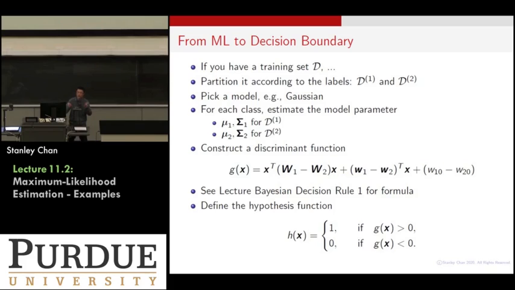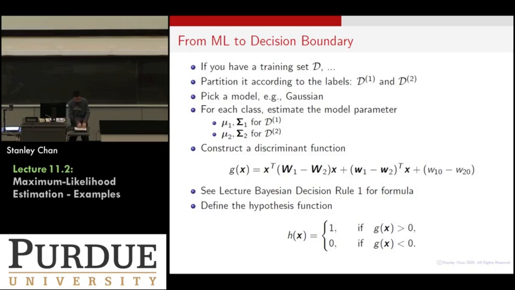You need to do that because this is the training procedure of your problem. With two classes, you learn mu1, sigma 1 and mu2, sigma 2, one for each class. In homework number 3, you will have the opportunity to practice this. You will be given a data set that contains two classes of data points, and you want to learn the mean vector and covariance matrix of the two classes. So you have mu1, sigma 1, mu2, sigma 2, and then you need to construct a decision boundary based on the model parameters.